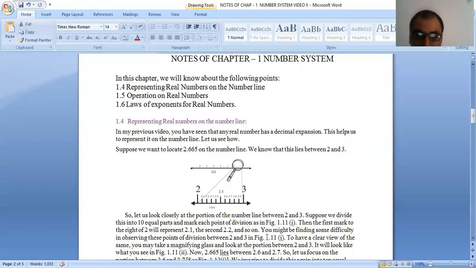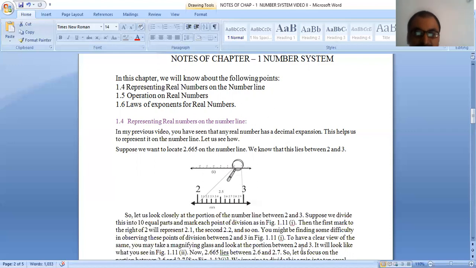Okay, you might be finding some difficulty in observing these points of division between 2 and 3 in figure 1.11. To have a clear view of the same, you may take a magnifying glass and look at the portion between 2 and 3.